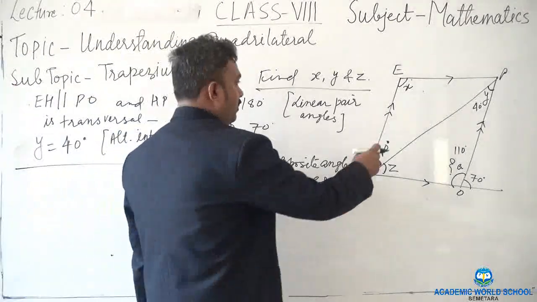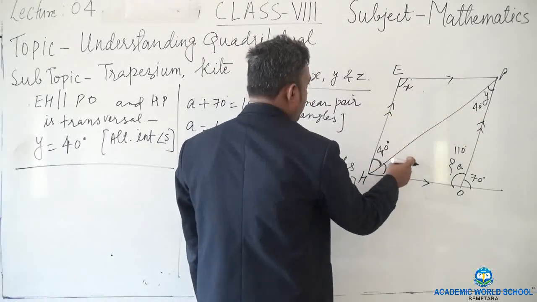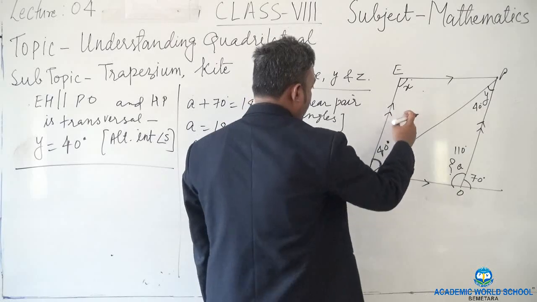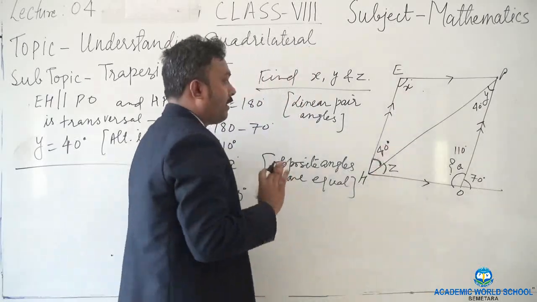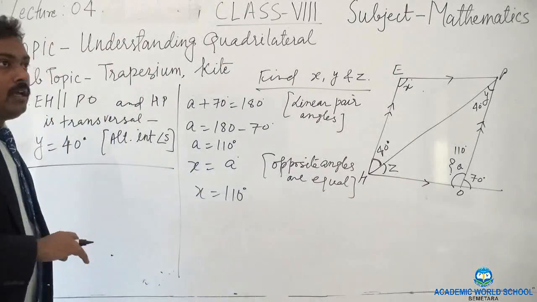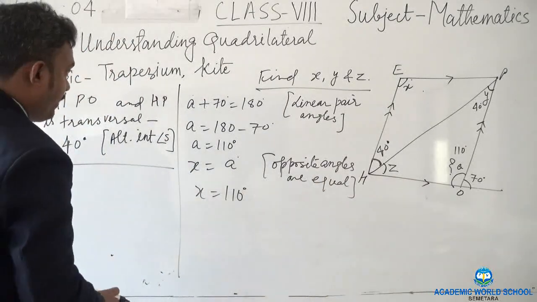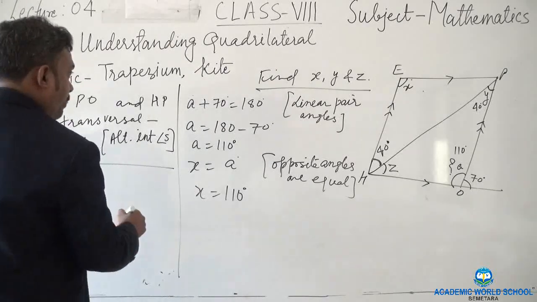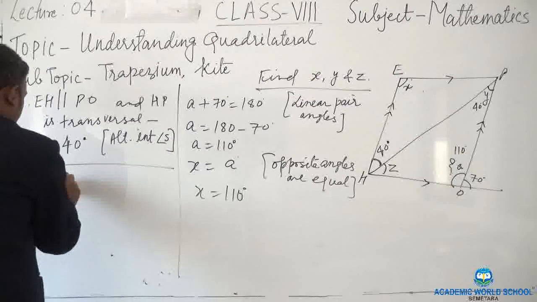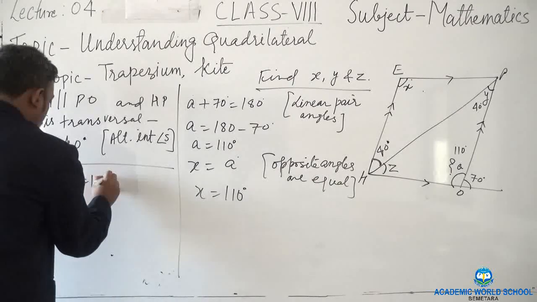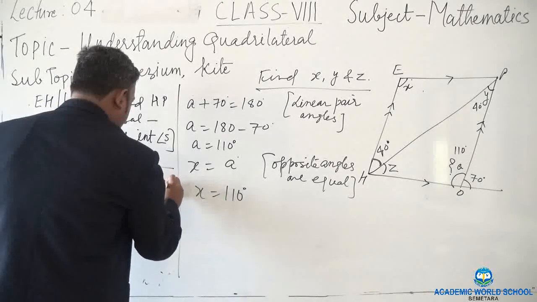So we know that angle X and 40 plus Z are making adjacent angles, and in a parallelogram the sum of adjacent angles is 180 degree. So X plus 40 plus Z equal to 180 degree.